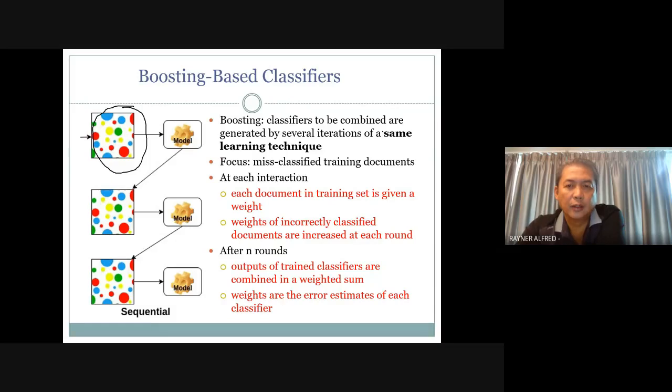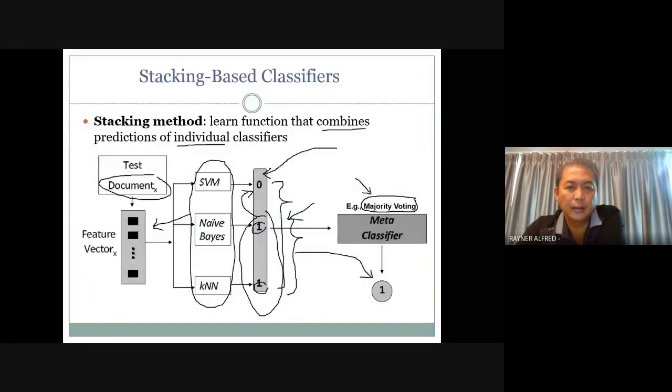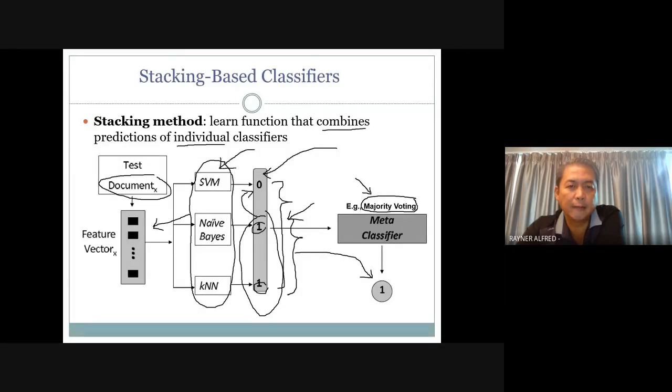Still, for this one we are using the same model, compared to the stacking, where we are using different classifiers to combine.